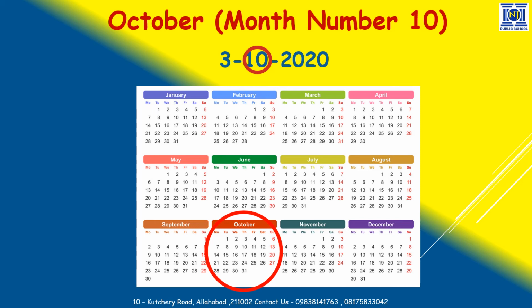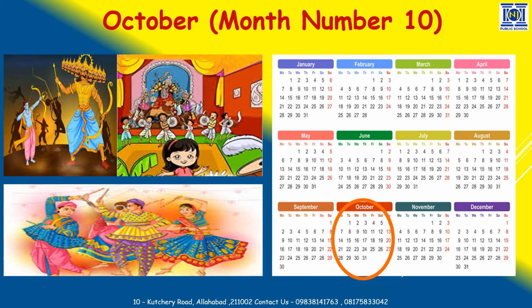You will read it as 3rd October 2020. And in the month of October, what happens? Yes, the festivities in India begin. It is the time of Dashera, Diwali and Navratri.